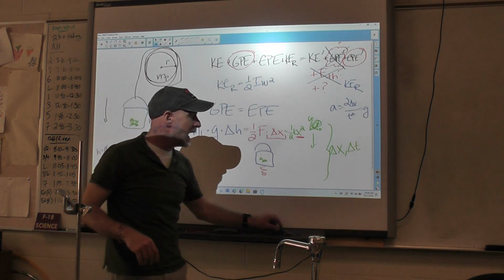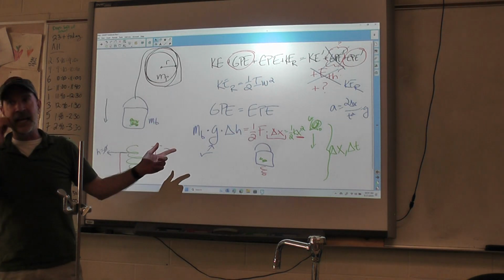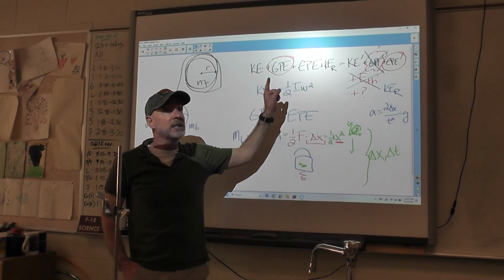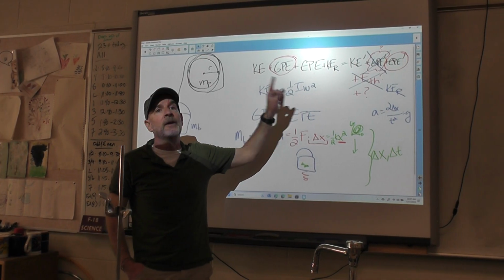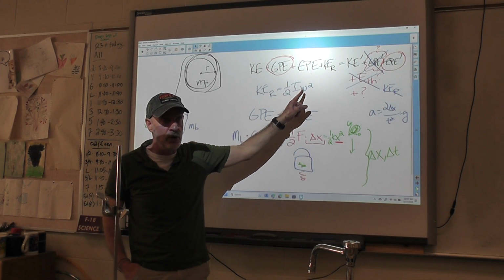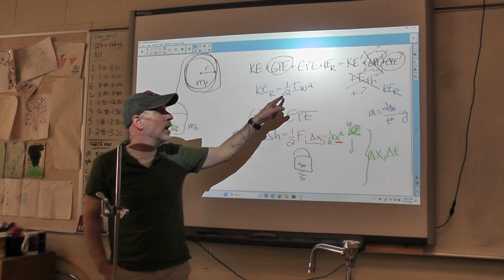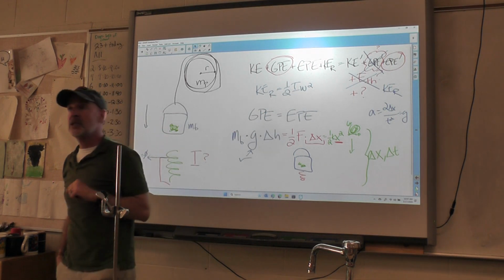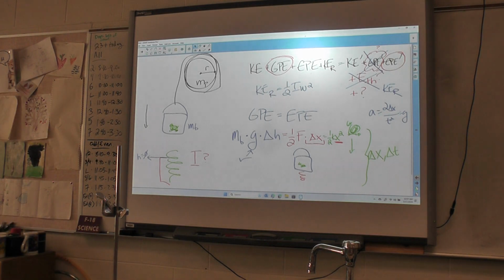It's just like kinetic energy, 1/2 mv squared. For linear objects, it depends on the mass and the velocity. For rotating objects, it depends on the rotational mass and the rotational velocity. 1/2 moment of inertia times omega squared is going to give us joules. That's where the extra energy goes.